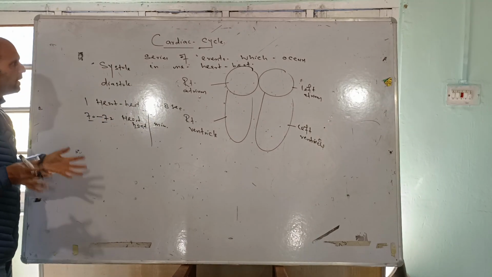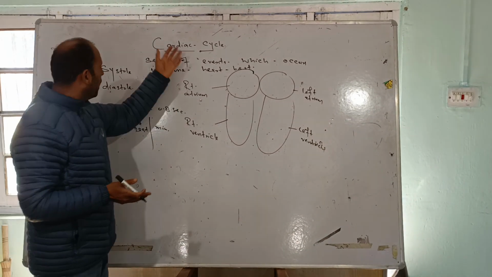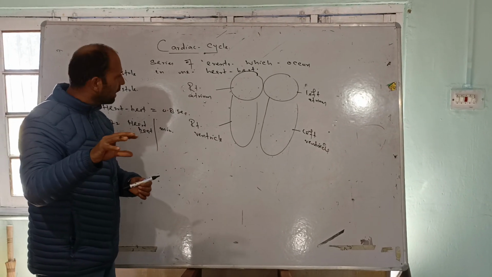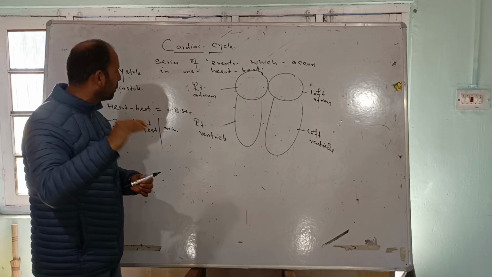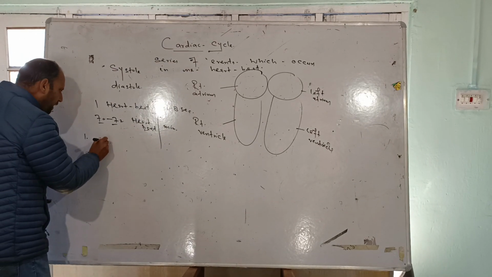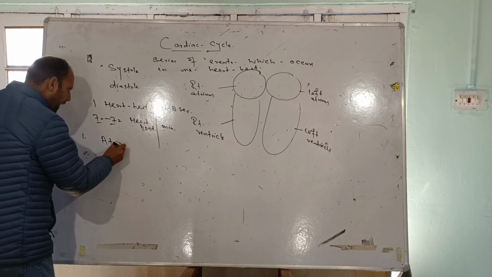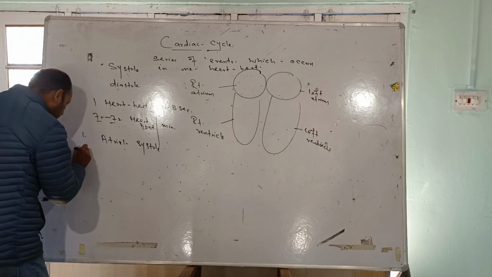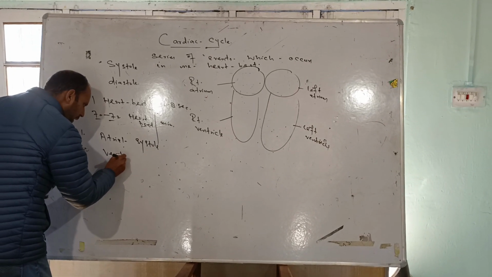If we explain the concept of the cardiac cycle, it gets completed in three important steps. One important step is beta, atrial systole. The second step is ventricular systole.